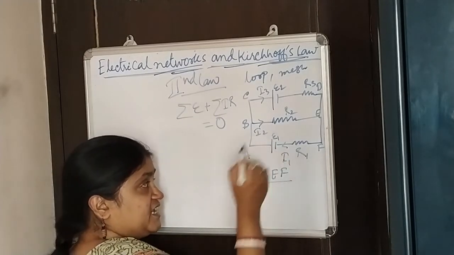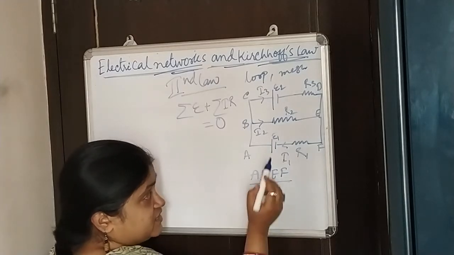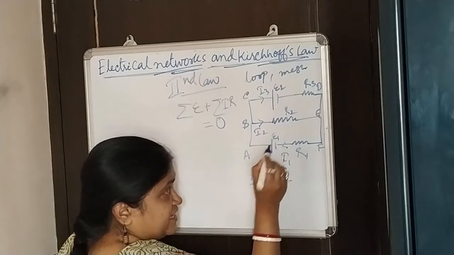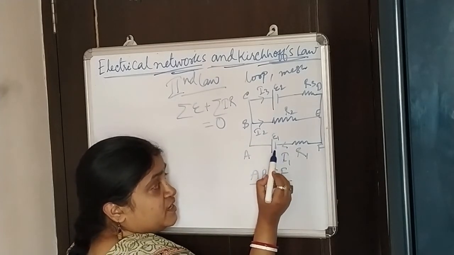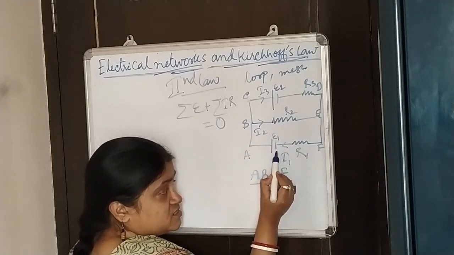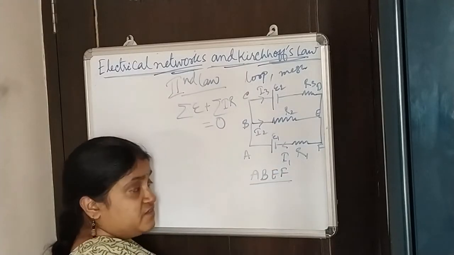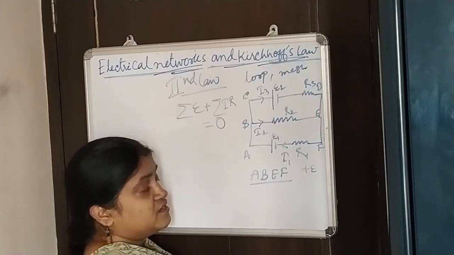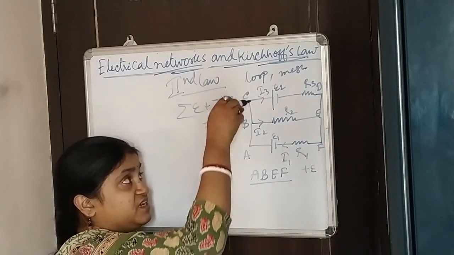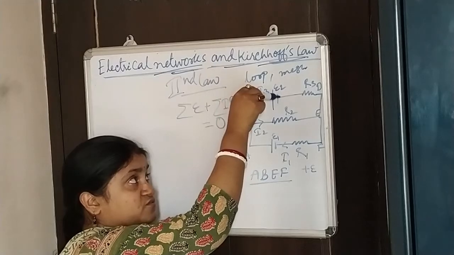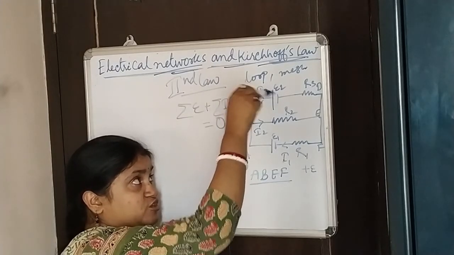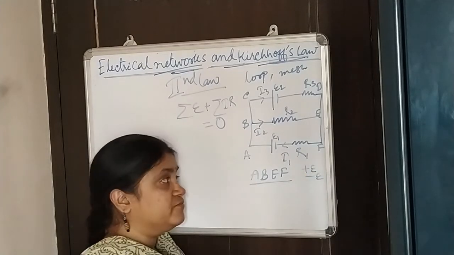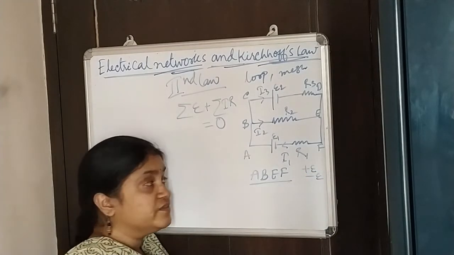When we are taking EMF, if the current is flowing from the small line to the big line, that means current is flowing from the negative to the positive of the cell, then EMF is positive. If the current is flowing from positive to negative, from higher potential to lower potential, then we take EMF as negative, right? So this is about the EMF of the cell.